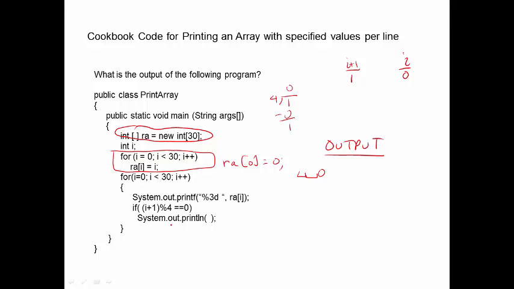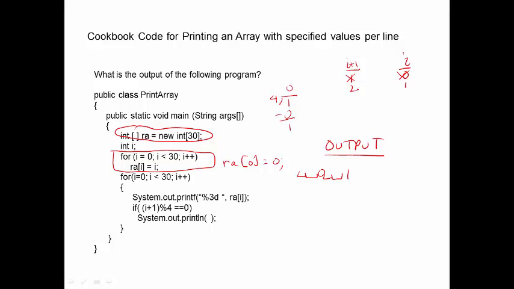So the for loop would have I equal to 1, and then 1 is definitely less than 30, so continue with the for loop. Print out the next value, array subscript 1, which would be the value 1. Now check, is I plus 1, which is 2, is 2 mod 4 equal 0? Well, no, because the remainder of that would be a 2.